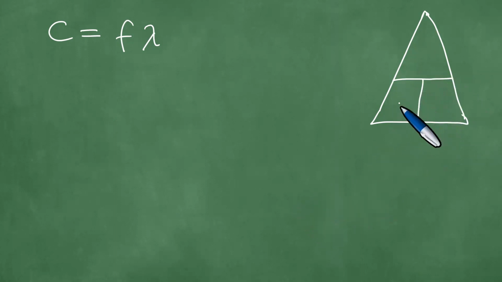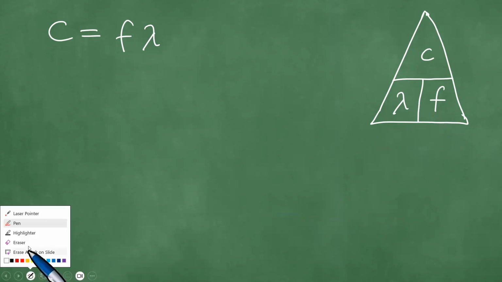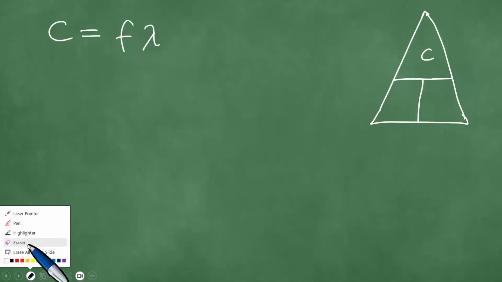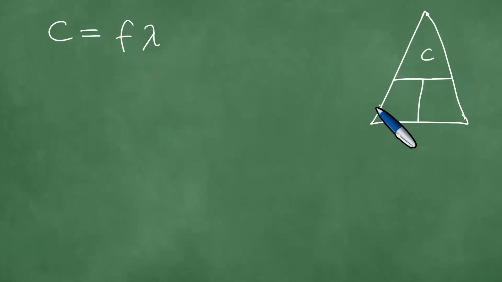That triangle method. Yeah, there's a triangle, so you can put the F here and then the lambda there, just to follow the order.